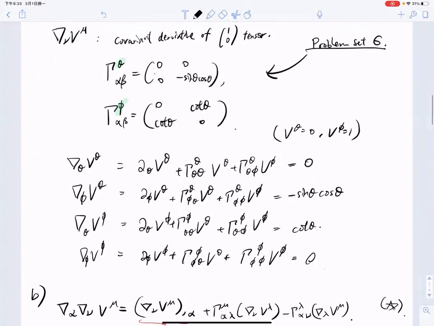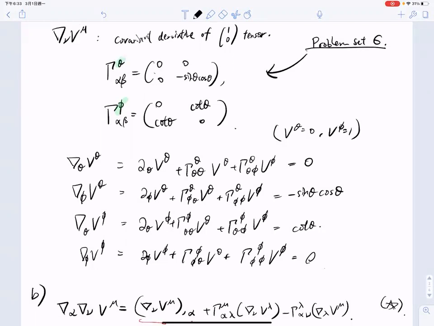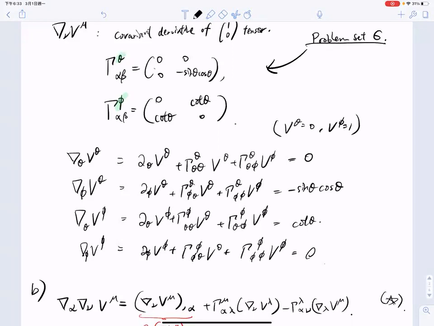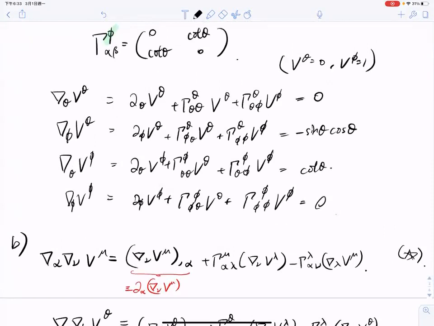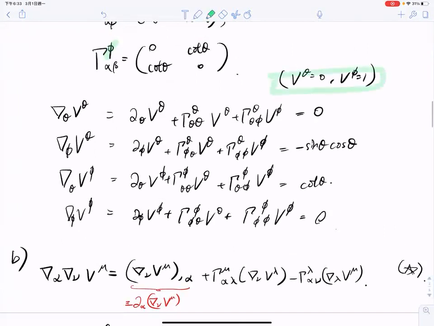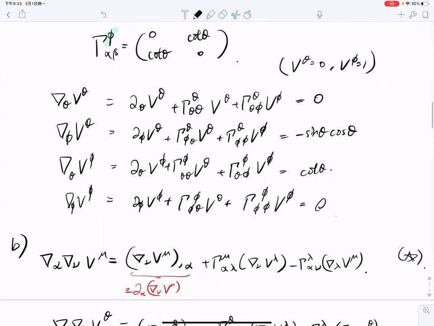Then you have to calculate 4 different components of the covariant derivative of the vector v^mu, because we have 2 indices in this covariant derivative, and each of them has 2 choices of coordinates. After we calculate these and plug in v^theta equals 0 and v^phi equals 1.